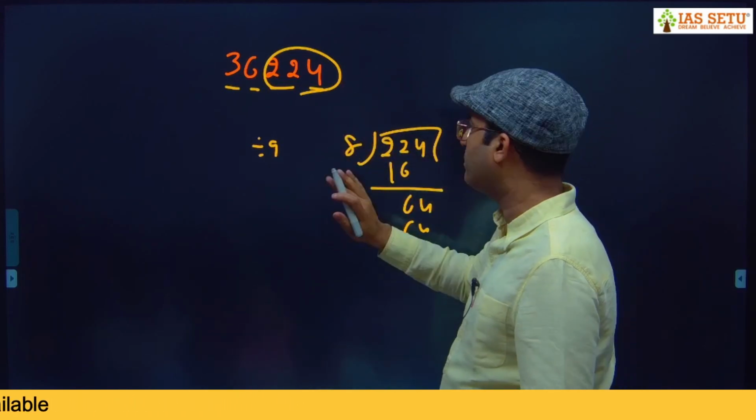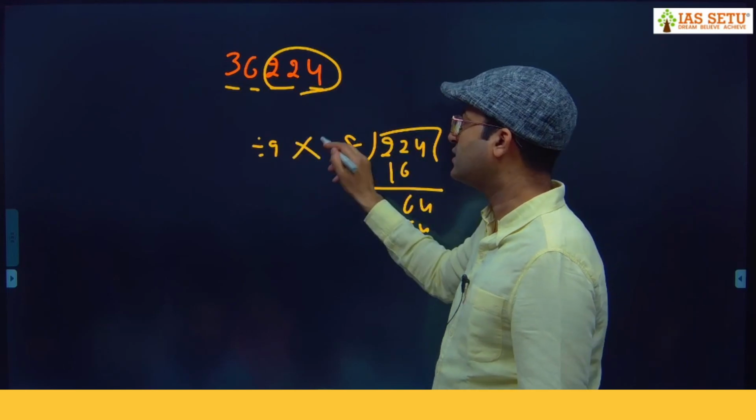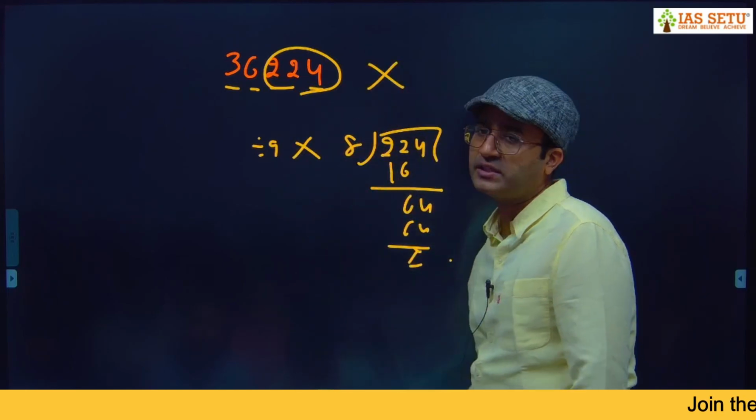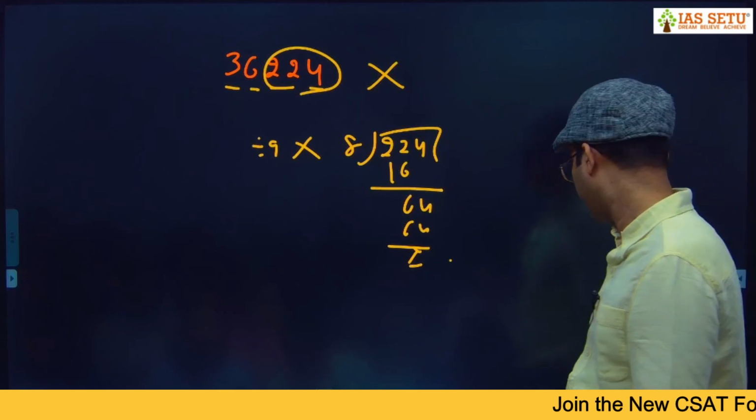It is divisible by 8, but it is not divisible by 9. Since it is not divisible by 9, we will say this number is not divisible by 72.